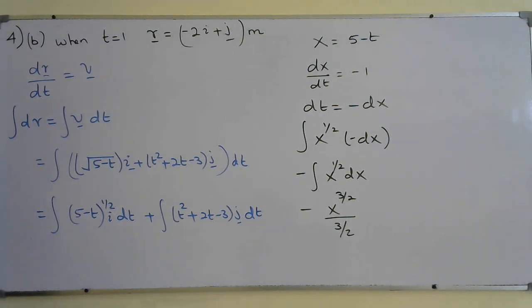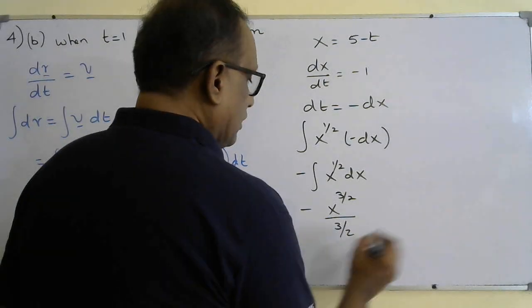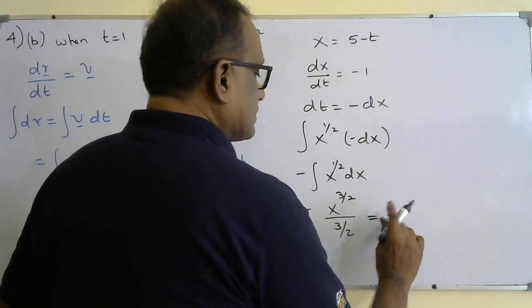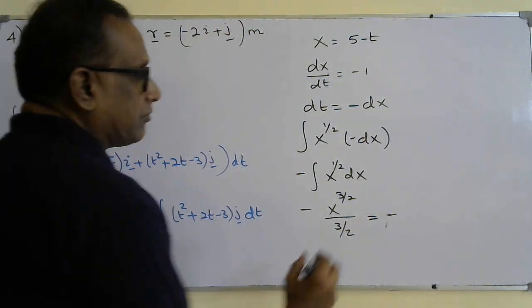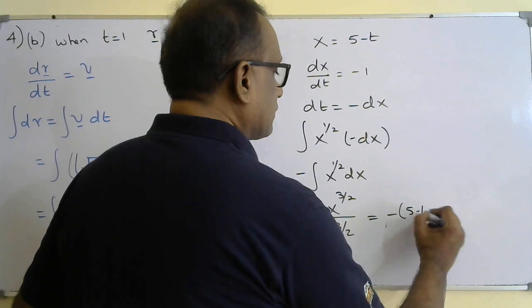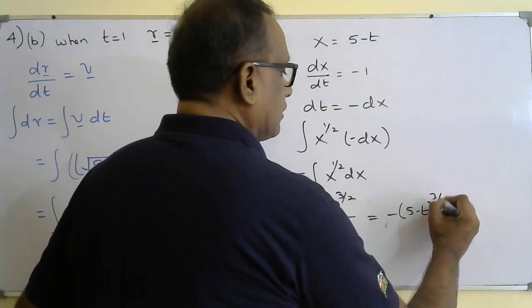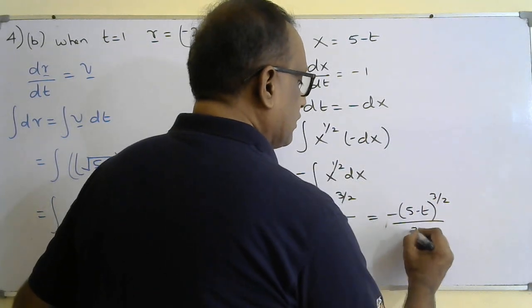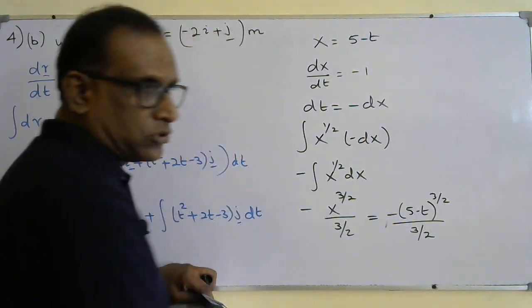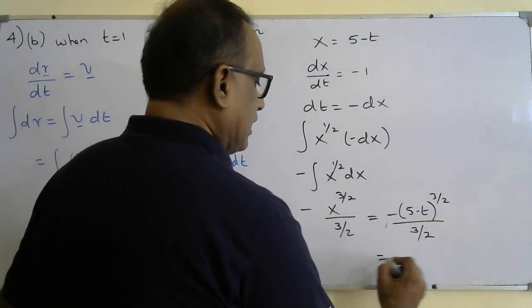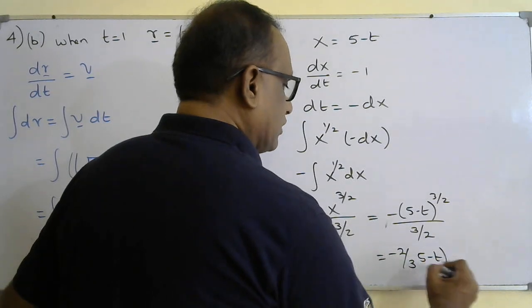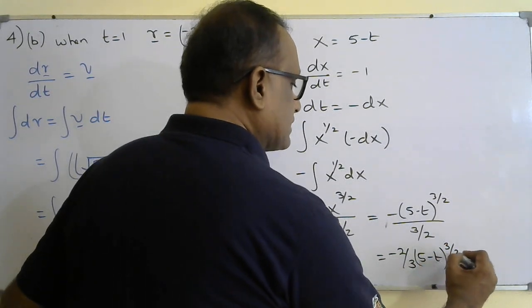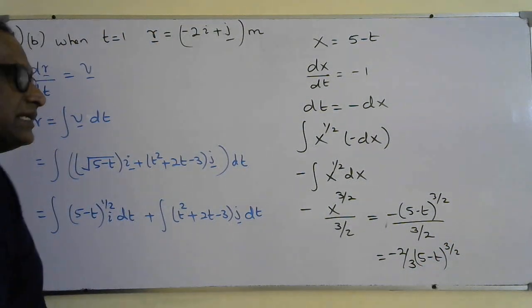Instead of x we substitute 5 minus t, so that's minus 5 minus t to the power of 3 by 2 over 3 by 2. I am doing it step by step; it looks like a long step, but not necessarily. That is minus 2 by 3 times 5 minus t to the power 3 by 2. You can also directly remember the pattern.